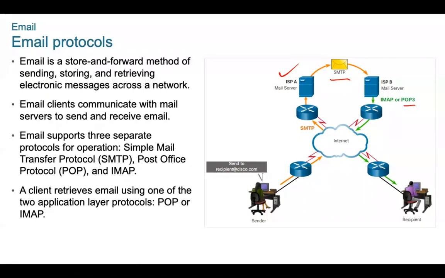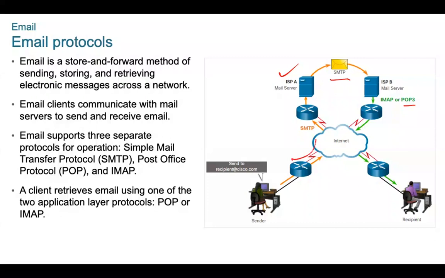So email is a store and forward method of sending, storing, and retrieving electronic messages across the network. So it has 3 steps. It will send, then store, and then retrieve the electronic message across the network. Email messages are stored in the database on the email server.